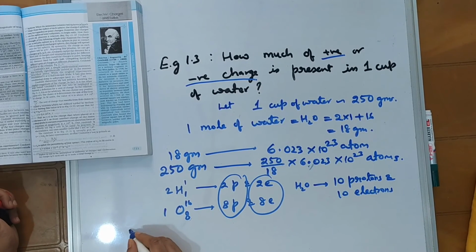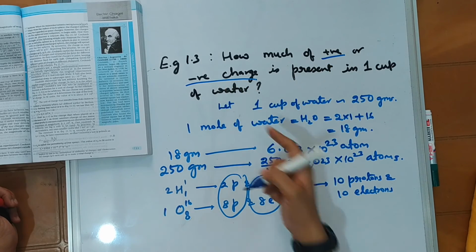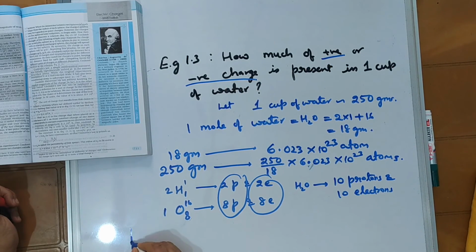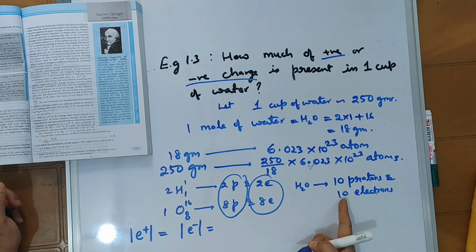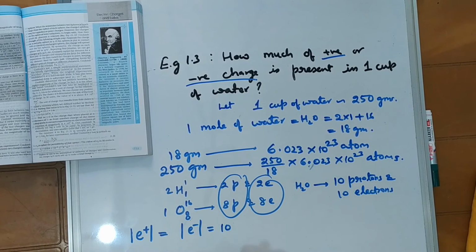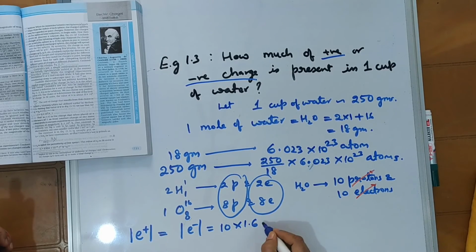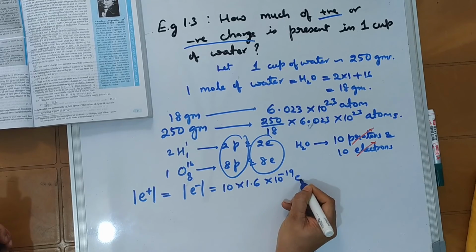So the magnitude of positive charge and the magnitude of negative charge are both 10. So the magnitude of positive charge that 1 cup of water has is equal to the magnitude of negative charge that 1 cup of water has. It is 10 protons, 10 electrons, right? The charge on 1 proton or 1 electron is 1.6 into 10 to the power minus 19 coulombs.